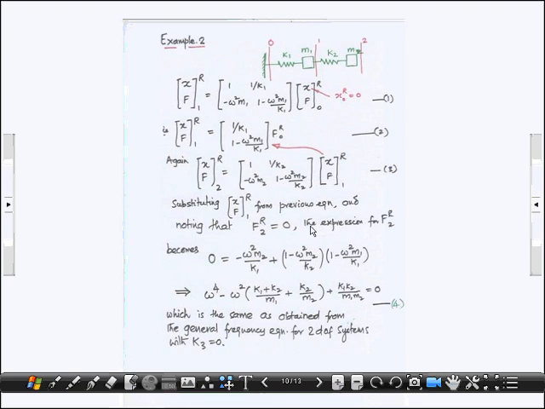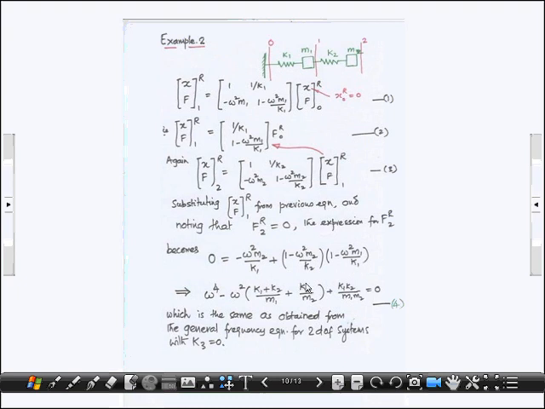So once you substitute F_R2 as 0, the corresponding equation will be 0 equivalent to minus omega square M2 into this plus 1 minus omega square M2 into F. Okay, this matrix you have substituted here. The corresponding equation that you get here is 0 equal to minus omega square M2 by K1 plus 1 minus omega square M2 by K2 into 1 minus omega square M1 by K1.